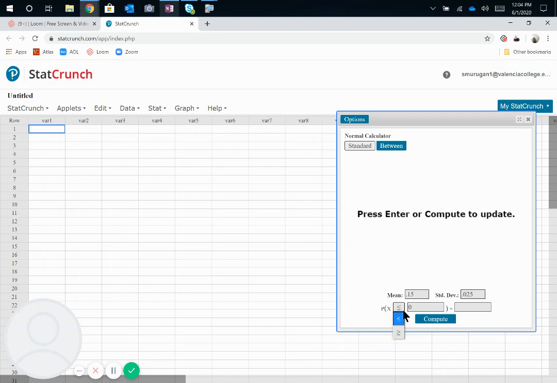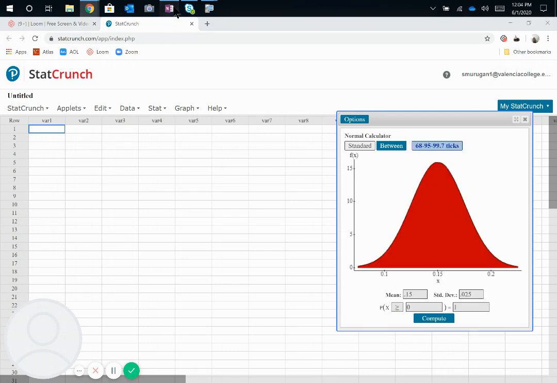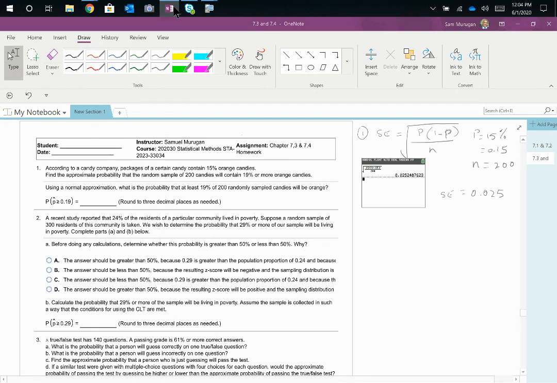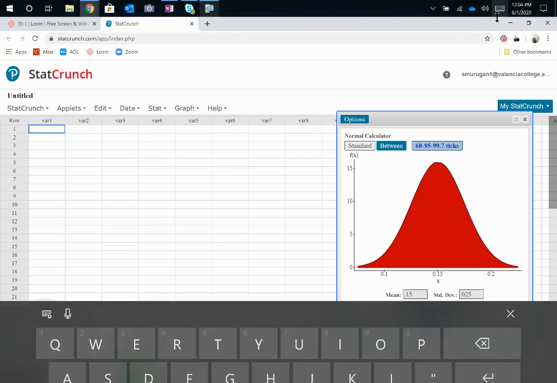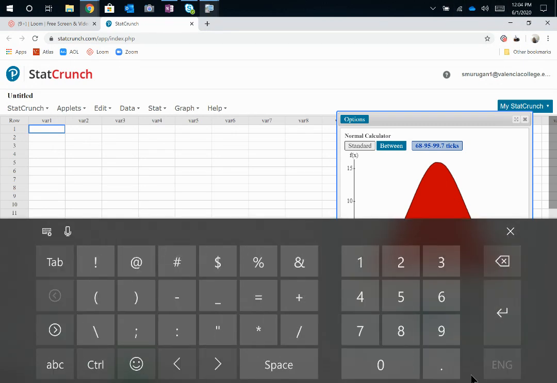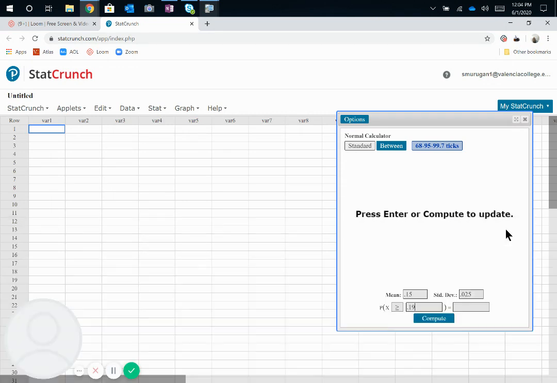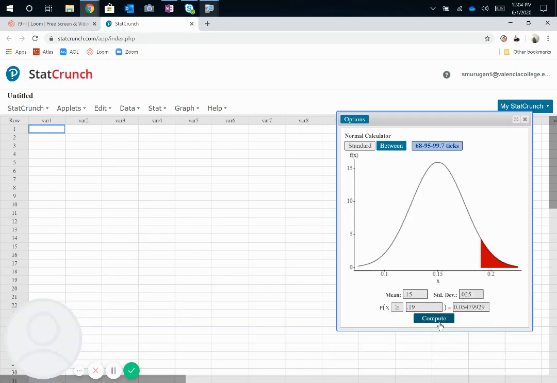And then we're looking for greater than 0.19. So we're going to type in 0.19 here. Then hit compute. And we're getting this answer of 0.05 to 4 decimal places.